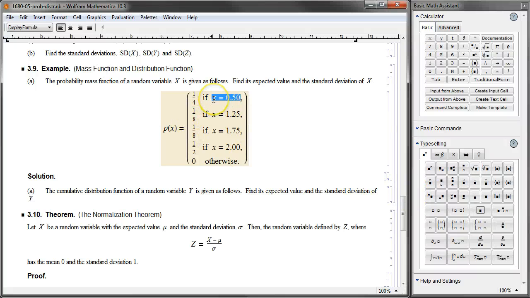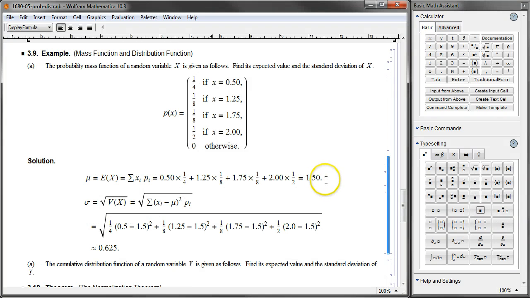Because all the x values and then the probability values are all given, so all you have to do is just multiply all those and add them up, and we get the expected value here. X value times the probability, x value times the probability, x value times the probability. Just add them all up and you get the expected value.